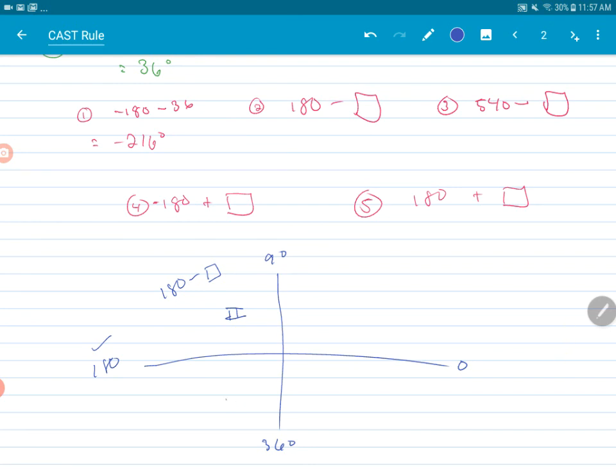If you have an angle in quadrant 3, that means that your angle is a little bit bigger than this value on the x-axis, so you do 180 plus your angle. If your angle falls in quadrant 4, then it's just short of being at this value over here.